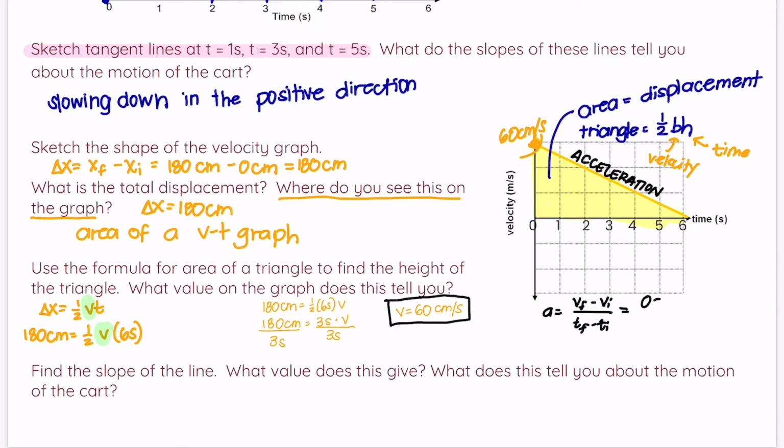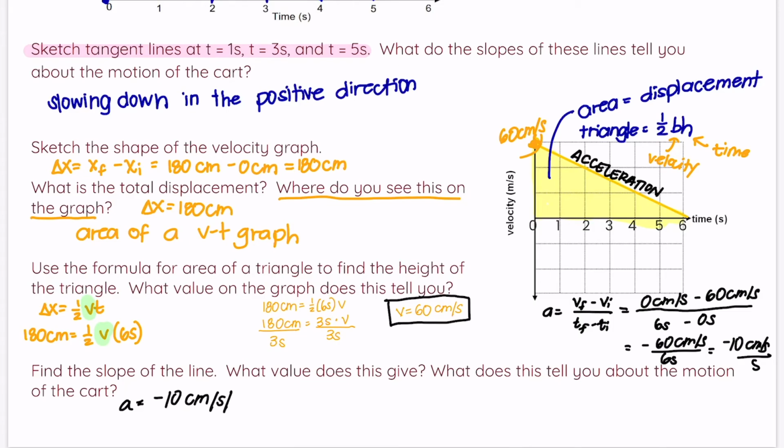And our final velocity here is 0 centimeters per second minus our initial velocity of 60 centimeters per second over 6 seconds minus 0 seconds. And we have negative 60 centimeters per second over 6, which is going to be negative 10 centimeters per second per second.